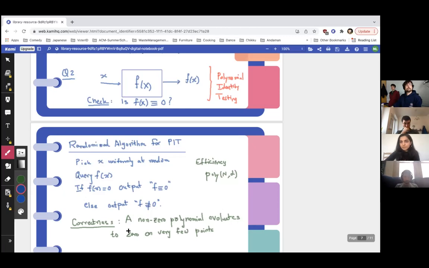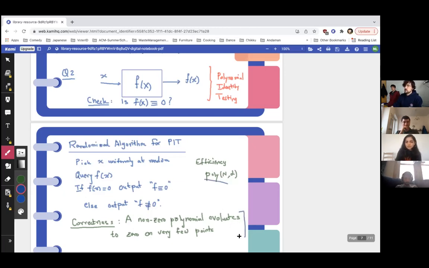If the polynomial itself is non-zero, it can only have at most order d roots. As a result, a non-zero polynomial will evaluate to 0 on very few points. So this randomized test will succeed with pretty good probability.